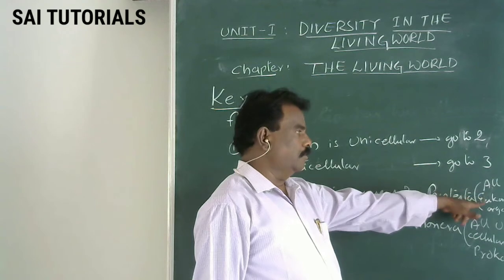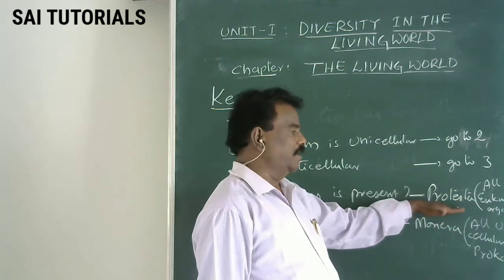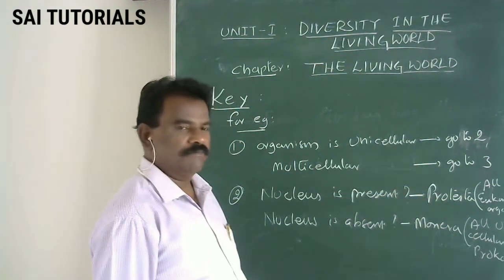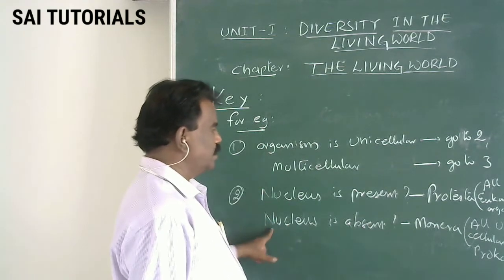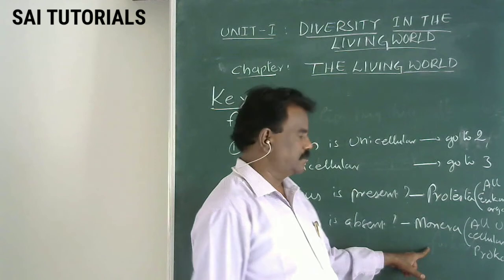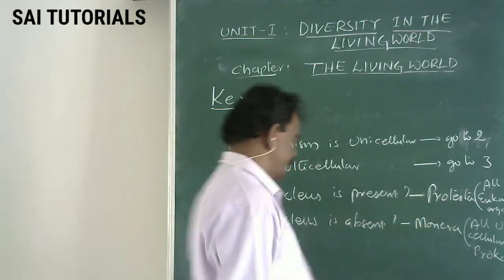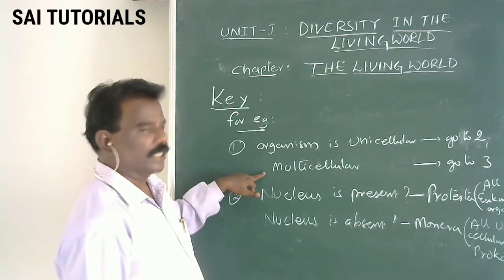So all unicellular eukaryotic organisms are kept under Protista. This is a statement, a lead. If the nucleus is absent, that organism belongs to Monera, all unicellular prokaryotes.